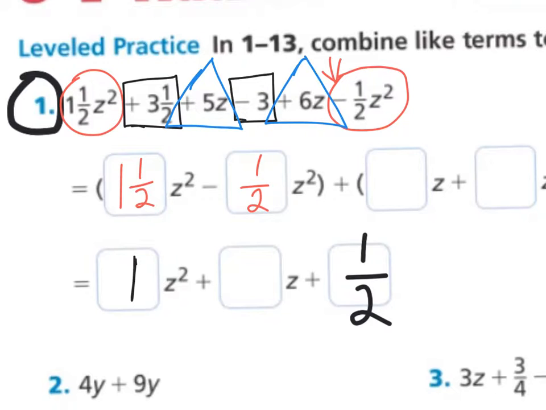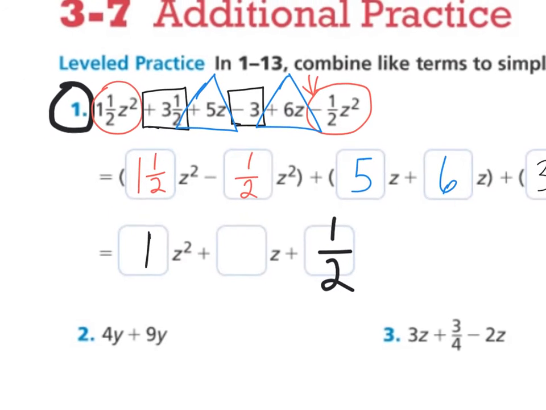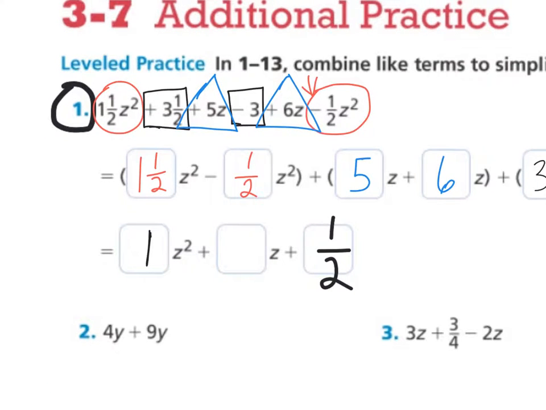So if you don't have a colored pencil or something, you're just using your pencil, you can use different shapes. If you have different colors, you want to use colored pencils when you're doing this, that's fine too. Just to make sure you can see what the like terms actually are here. Okay, so that's adding. We got 5z plus 6z, so that would be 11z.